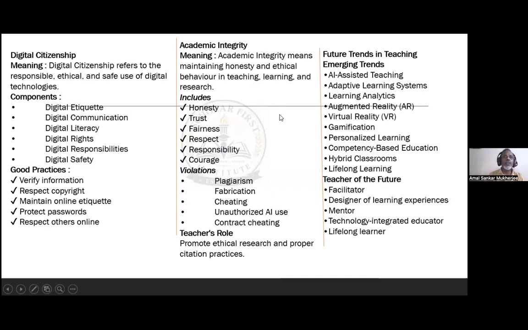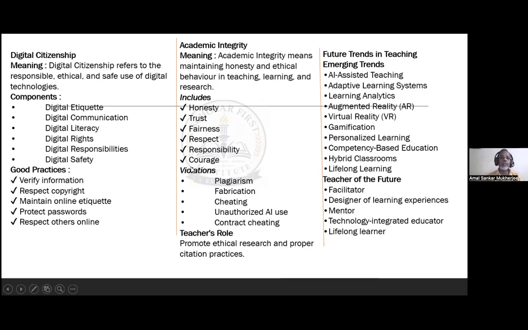Now, digital citizenship. Digital citizenship refers to the responsible, ethical, and safe use of digital technologies. What are the components of digital citizenship? Digital etiquette, digital communication, digital literacy, digital rights, digital responsibilities, digital safety.